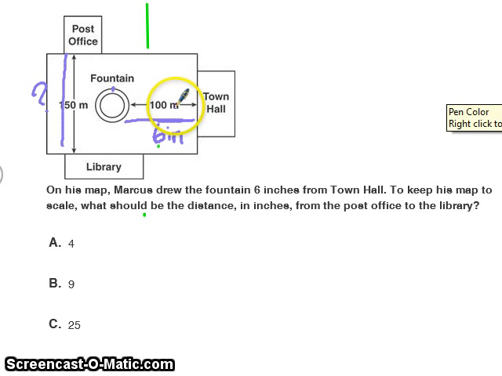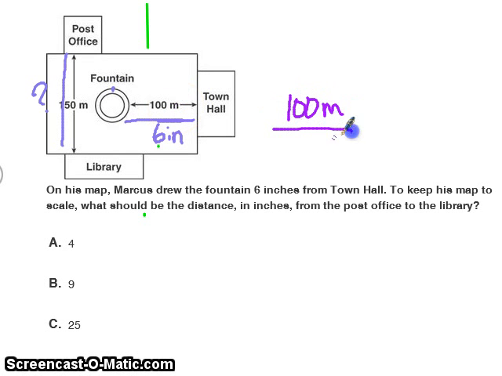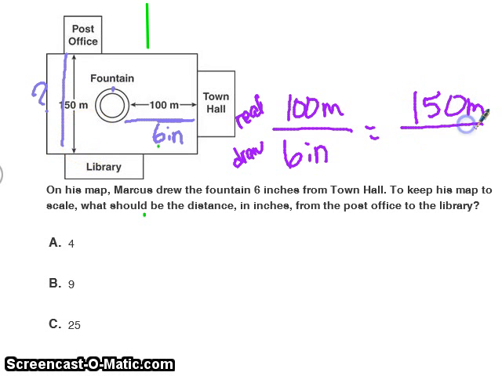So I know 100 is reality, 100 meters, and 6 inches is my drawing. This is real. This is my drawing. So over here, I'm looking at, in reality, 150 meters. I don't know how far on the drawing I need to make it.